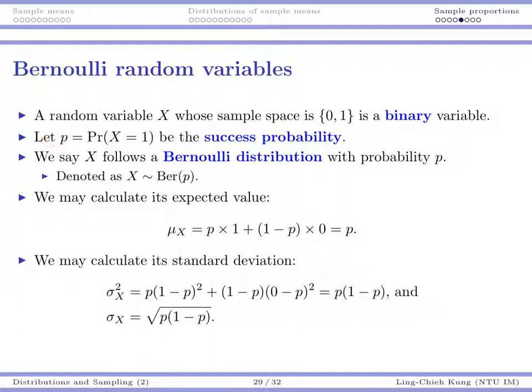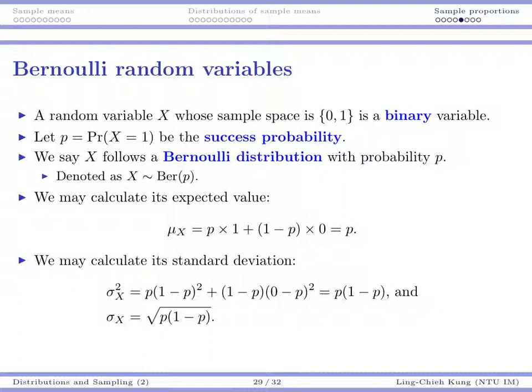Let P equal the probability for x to be 1, our success probability. And you can see that this P is having the same notation as population proportion, right? This is exactly population proportion. When we have a random variable x, the probability for x to be 1 should be exactly the proportion of x being 1, right?